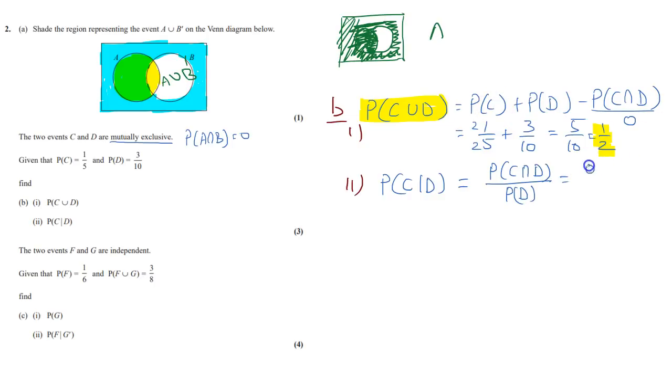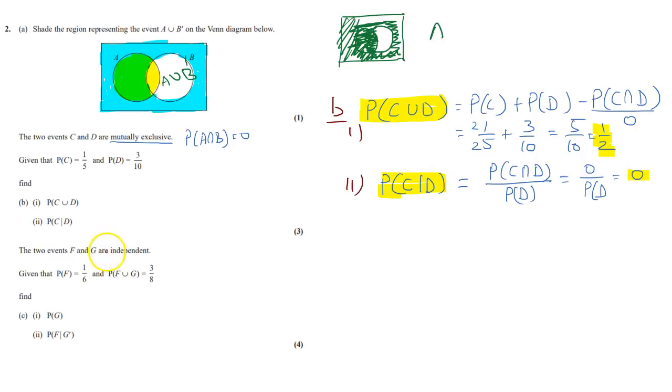So that is 0 over P(D). So that is 0. So this is the answer of the second part of question B.